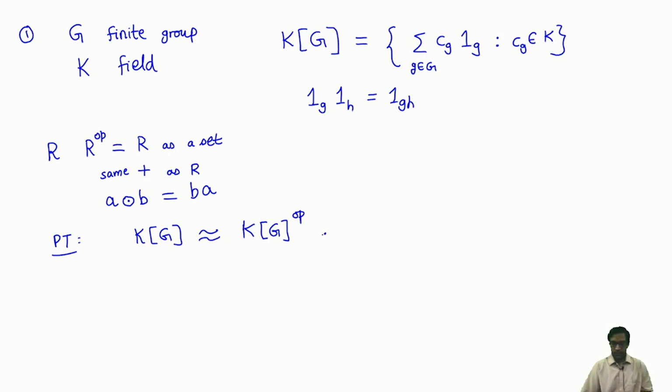Okay, so let's see what we would do. As in the case of matrices, the key point is to somehow try and guess what the map must be, something which interchanges the order of multiplication. And in the case of groups, so recall there is this important property of groups that if I take the inverse of a product, then that has the effect of changing the order, right?